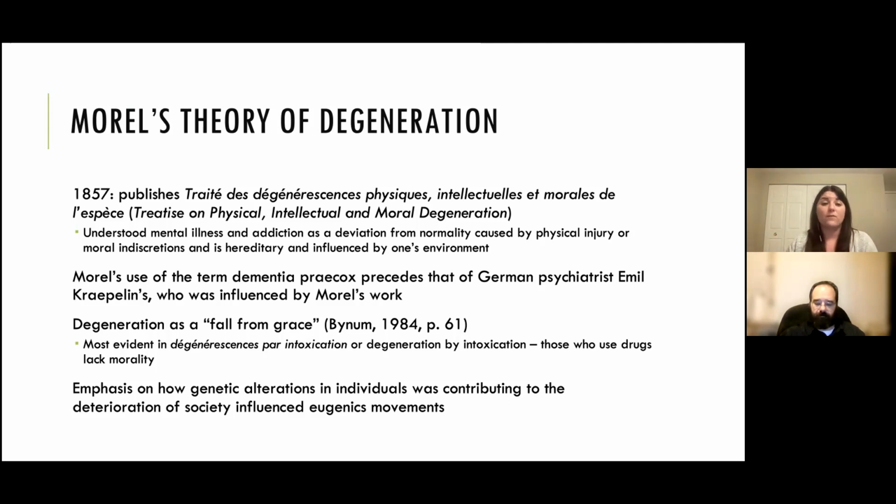Morel's emphasis on both the moral side of degeneration and the hereditary, genetic side, and how this contributed to the deterioration of society, really influenced eugenics movements. Very broadly speaking, eugenics movements operate under the assumption that the human population can be improved by applying genetic and evolutionary principles.